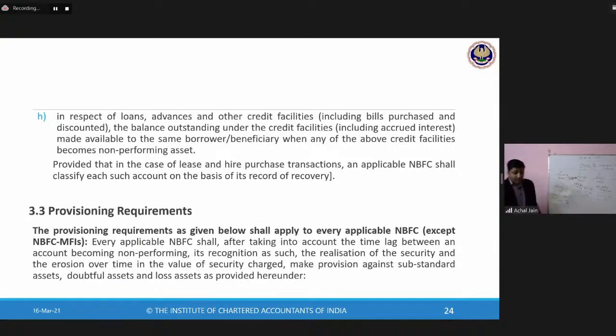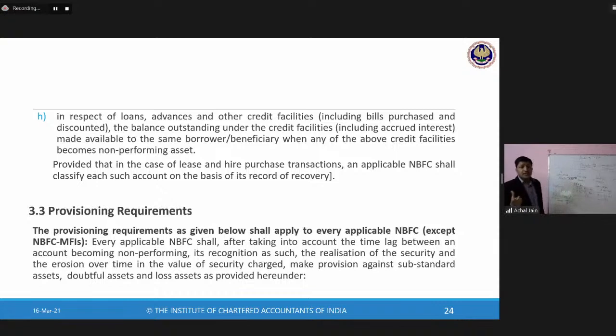Because for an NPA, it means that the facility is not good or bad. It's the customer who is good or bad. Because if the customer has defaulted in this, then very soon he will default on this one, and he may default on this one also. So that is what this regulation says.